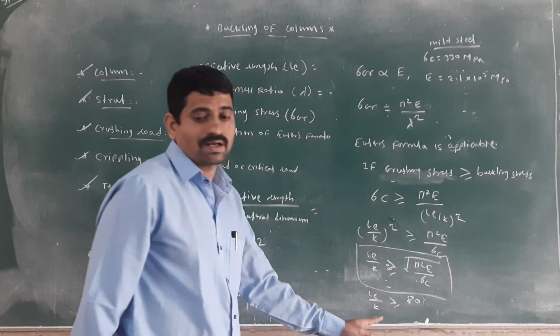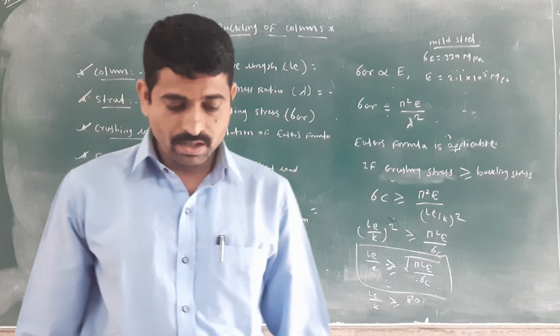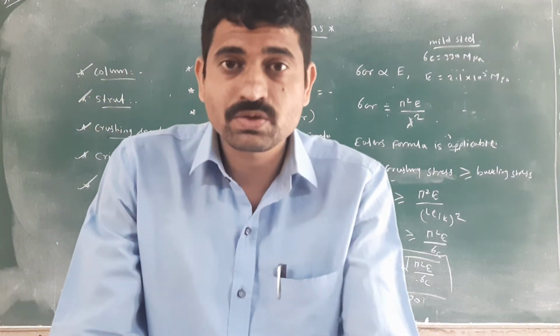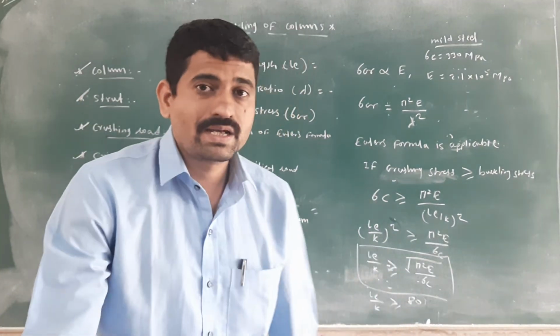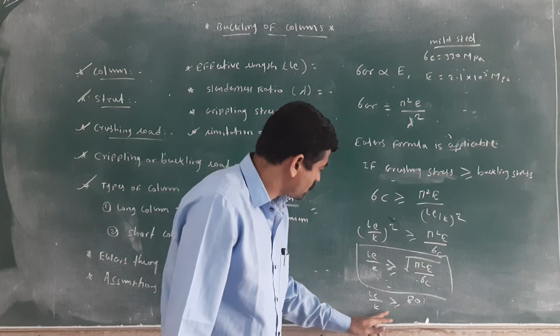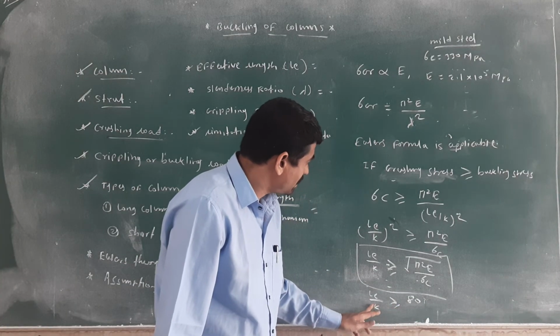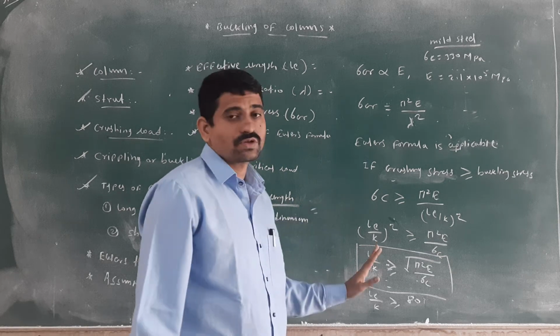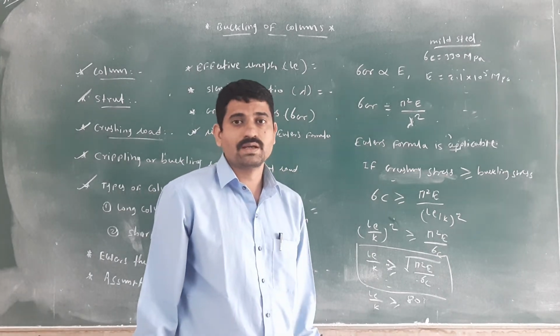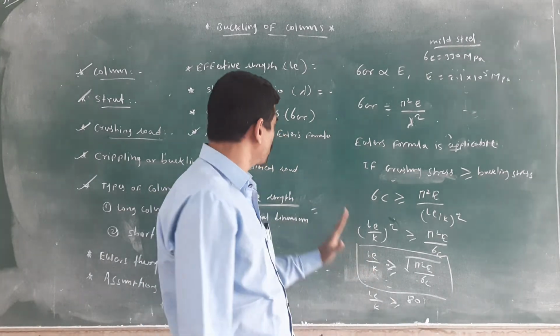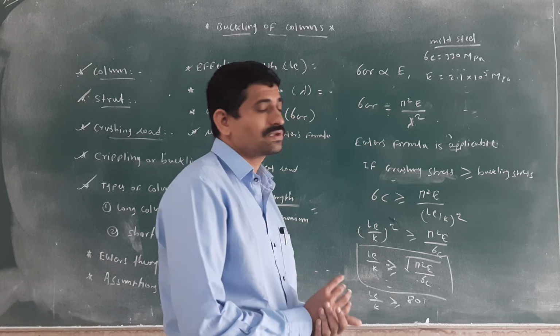When the slenderness ratio is less than 80, then Euler's formula is not applicable. Getting? Very simple. You have to remember all these basic things.